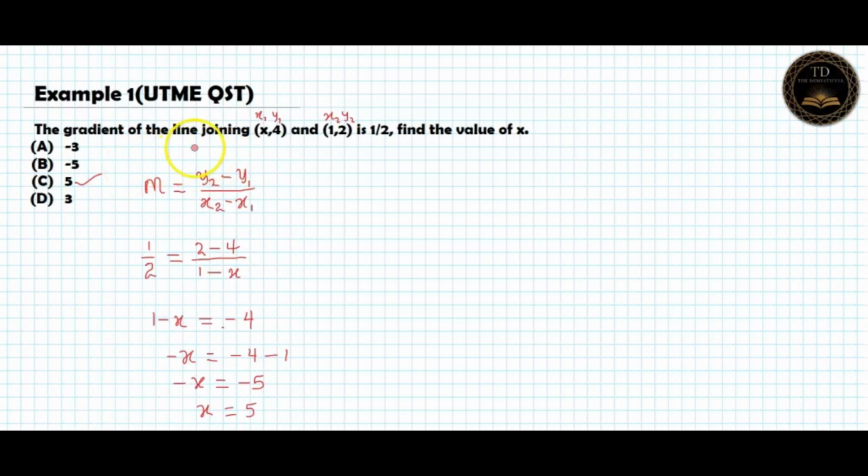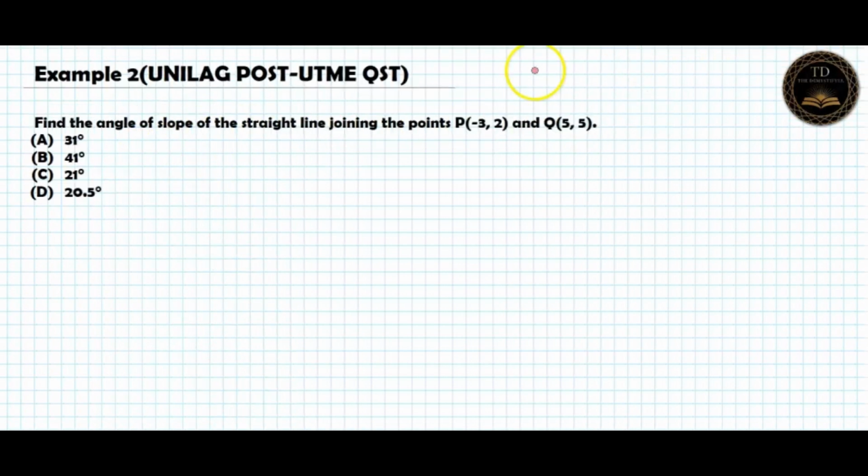Okay, now let's quickly look at another example that has to do with angle of slope. Now this is a post UTME question from Unilag. It says find the angle of slope of the line joining the points this to this. Now remember the formula for angle of slope.